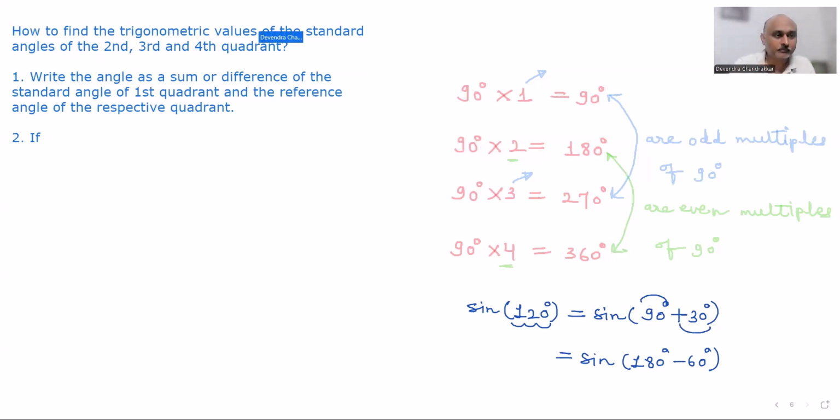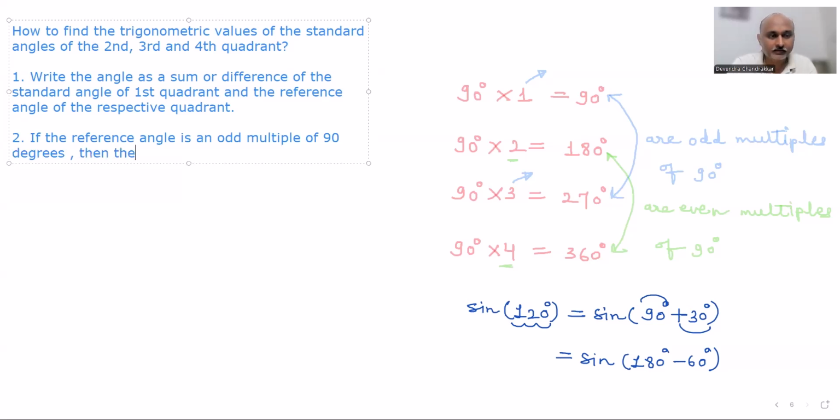So now, if the reference angle is an odd multiple of 90 degrees, then the sine or cos of the angle converts to the sine or cos of the standard angle.